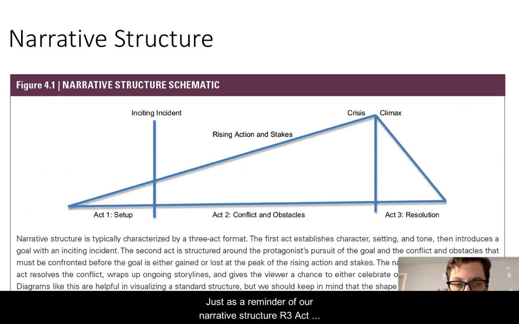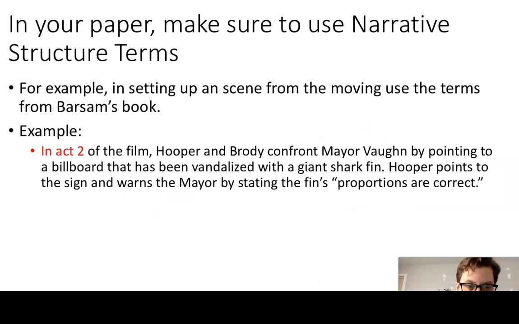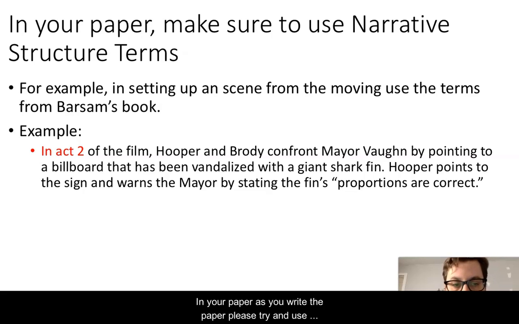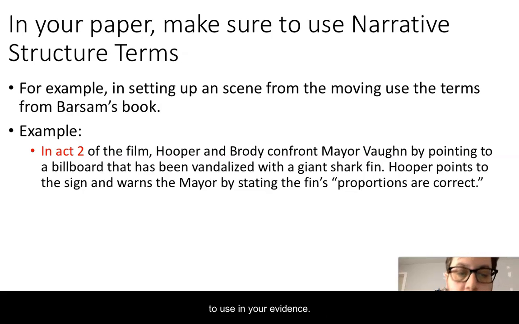Just as a reminder of our narrative structure, our three-act formula: Act 1, setup; Act 2, conflict and obstacles; Act 3, resolution. As you write the paper, please try to use these terms when you're talking about the scenes you're going to use in your evidence.